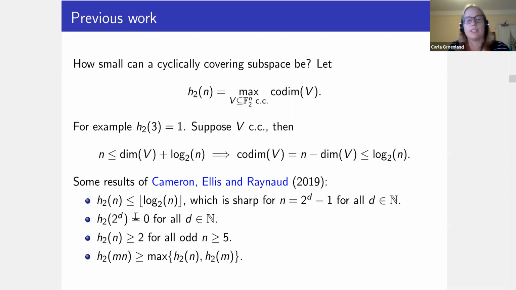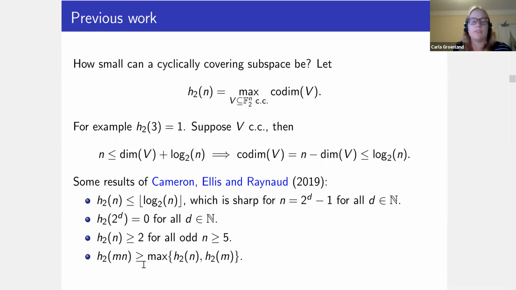And we saw before that h2 of n is always at least 0. We saw that we can always take the whole space, and that's actually attained as well. So it's 0 exactly when n is of the form 2 to the d, and otherwise it's greater. That follows from the two results below that. So it's at least 2 whenever n is at least 5 and odd.